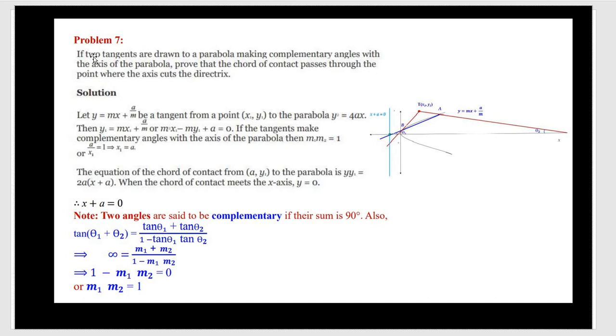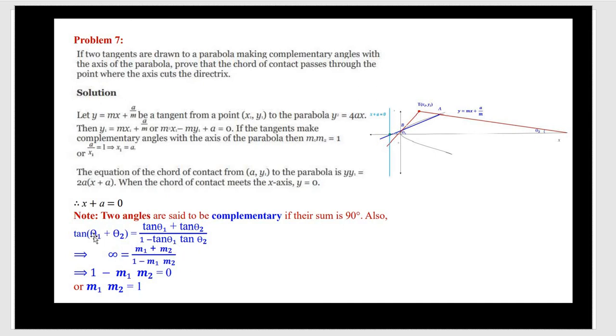Okay, so what do we consider? Two tangents to a parabola making complementary angles. Complementary angles means we are given θ1 and θ2 such that θ1 plus θ2 will be 90 degrees. So when we consider tan of θ1 plus θ2, it will be tan θ1 plus tan θ2 divided by 1 minus tan θ1 tan θ2.